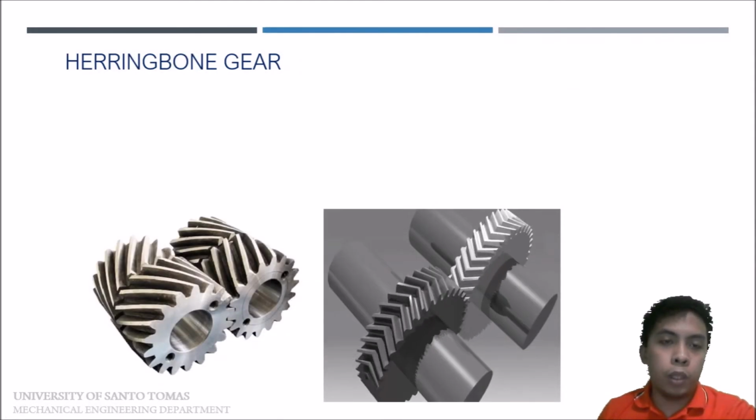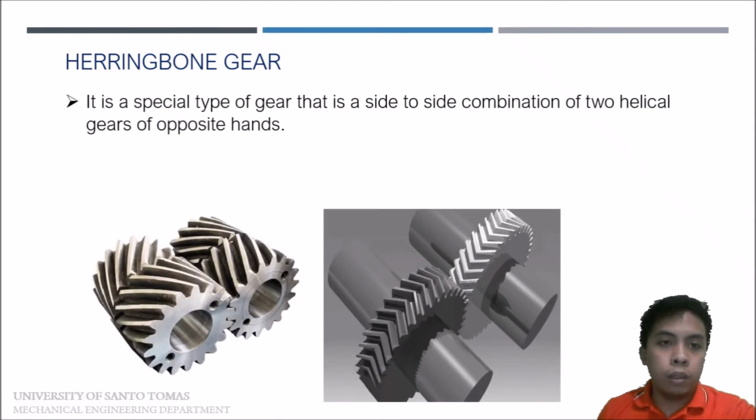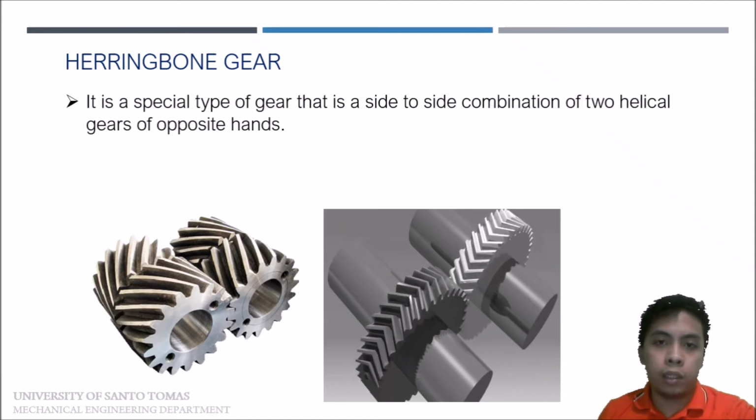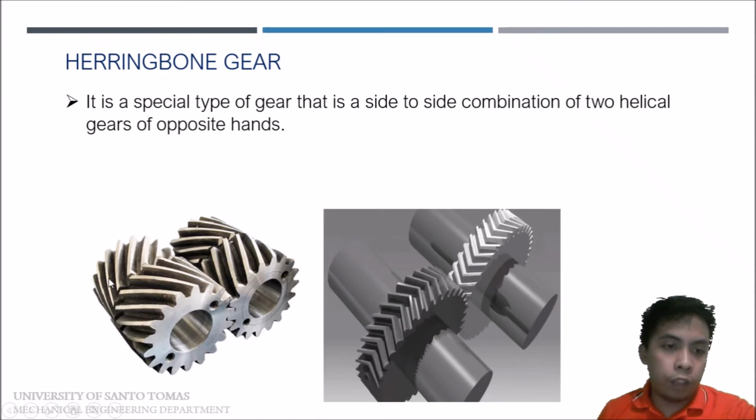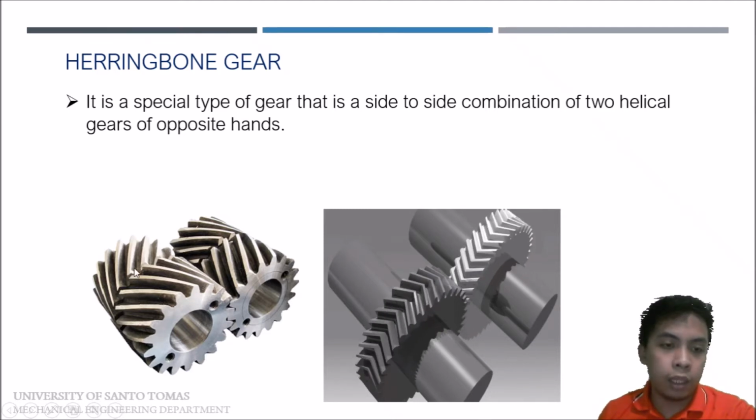Next, let's talk about herringbone gear. Herringbone gear is a special type of gear that is a side-to-side combination of two helical gears of opposite hands. As you can see, we have two sets of helical gear here. The difference from our helical gear is that they have different slanting positions.